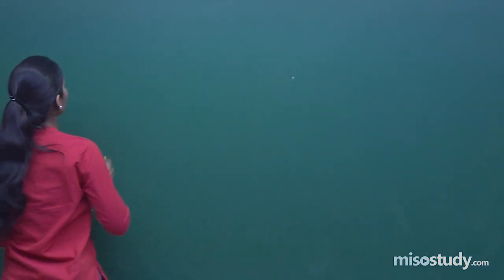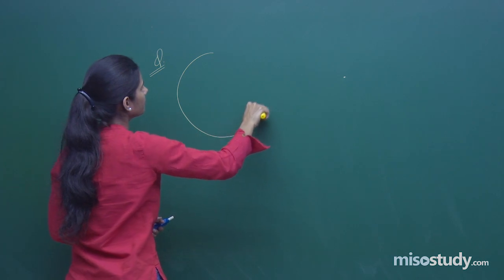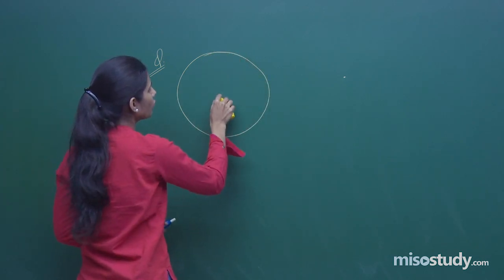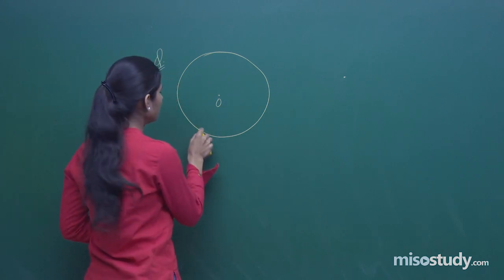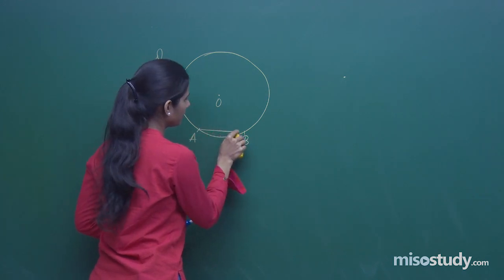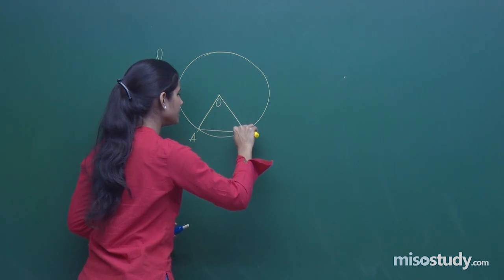So suppose I have the circle, center is O, and the radius is 10 centimeters of this circle. So this is a chord AB. Fine, and as I said, the radius is 10 centimeters.